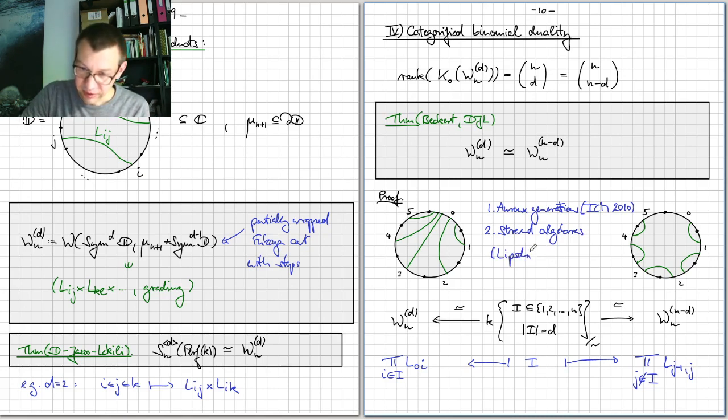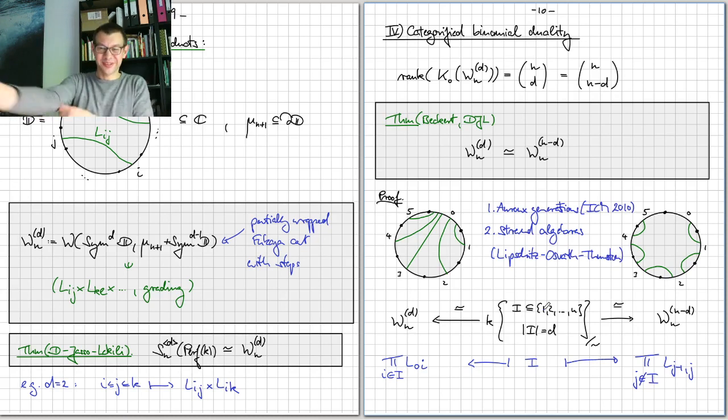And this was done by Lipshitz, Ozsváth, and Thurston in the context of Heegaard Floer theory. Anyway, so this is a kind of joyful way of trying to mediate techniques from one of these subjects to the other to learn something about it.